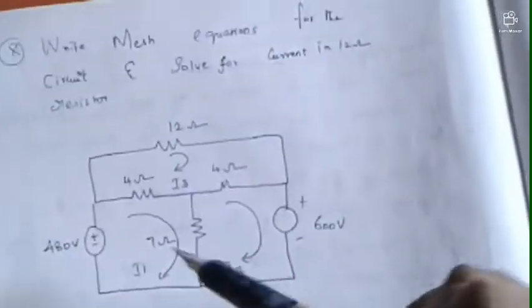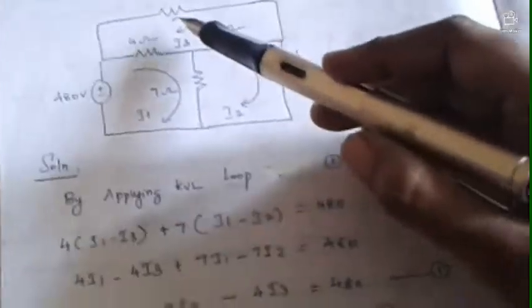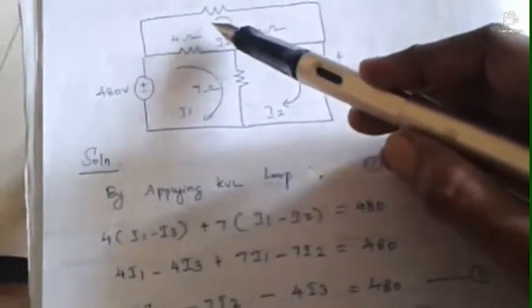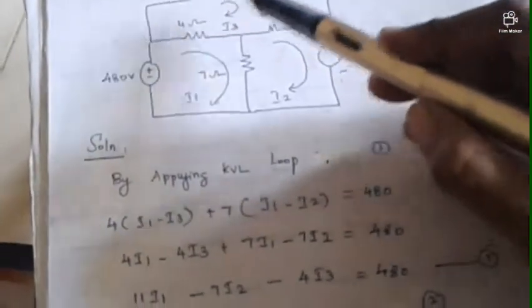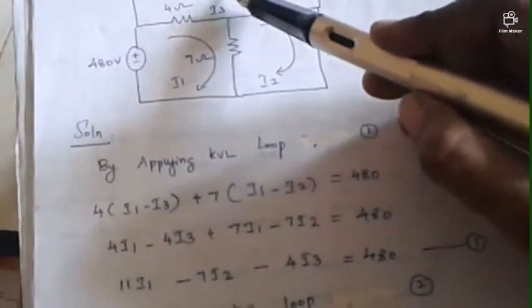Then similarly, applying KVL to loop 3. So this is our last loop where we are applying Kirchhoff's voltage law. Okay. So in this loop, what are the elements present? 12 ohm resistor, 4 ohm and another 4 ohm. So across the 12 ohm resistor, the potential is 12 into current. The current that is flowing is only I3. So 12 I3.